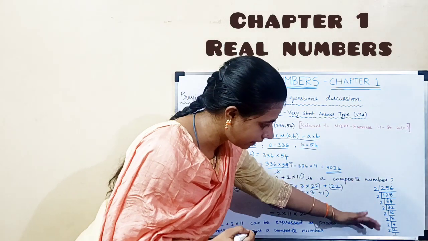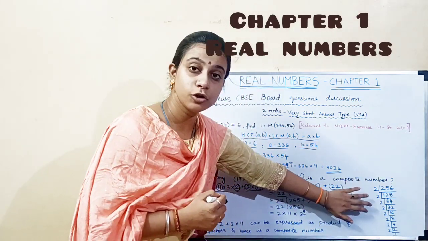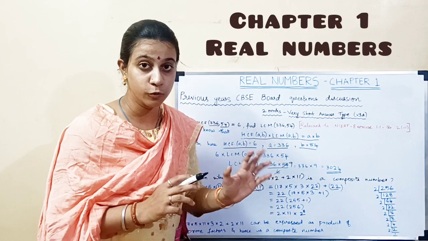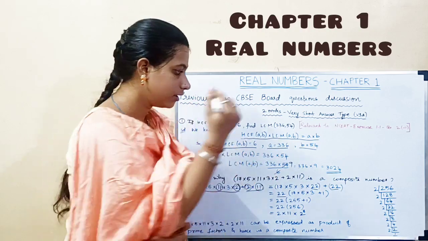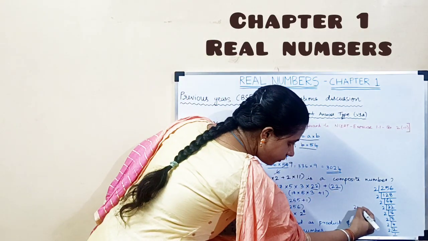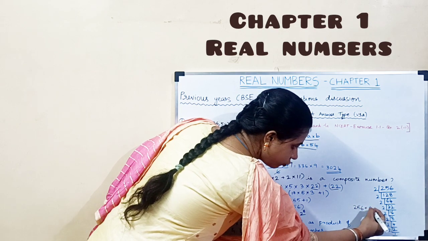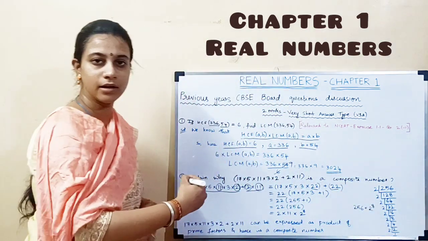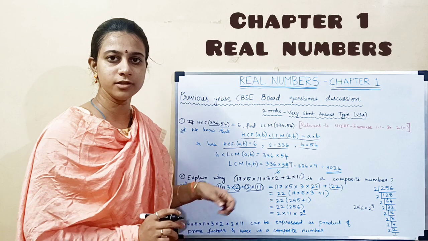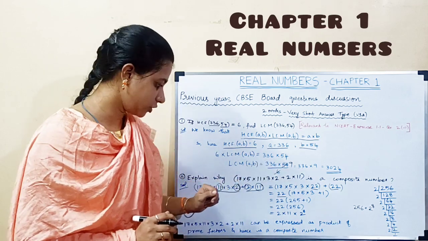If we proceed, we will get eight 2's. It's not 2 into 8, it is 2 power 8. So we can write 256 as 2 power 8, the exponential form of its prime factorization.